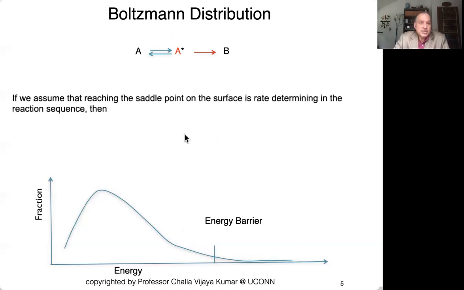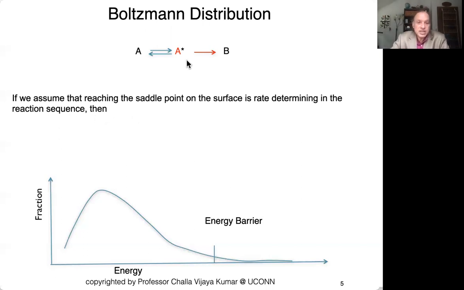Then, if you assume that reaching the saddle point on the surface is rate determining in the reaction sequence, this is another assumption we make, and this assumption is valid for most reactions. This assumption fails when you have quantum mechanical tunneling driving the chemical reaction. Yes, tunneling drives chemical reactions in some respects and under some specific conditions.